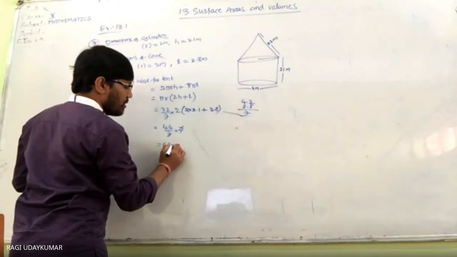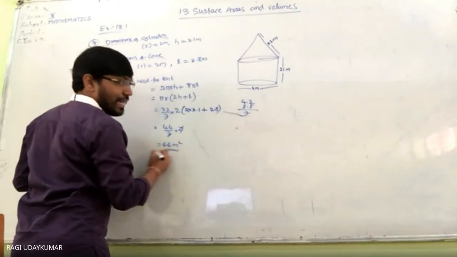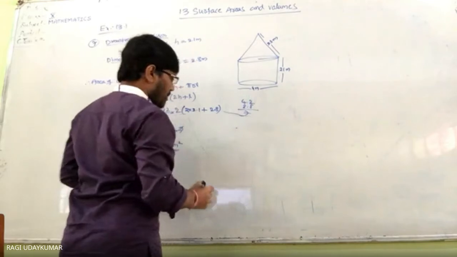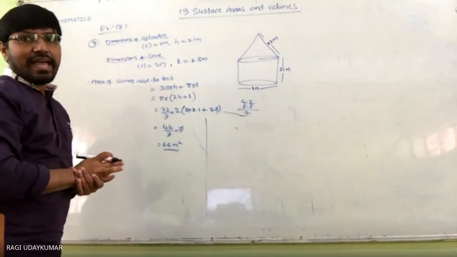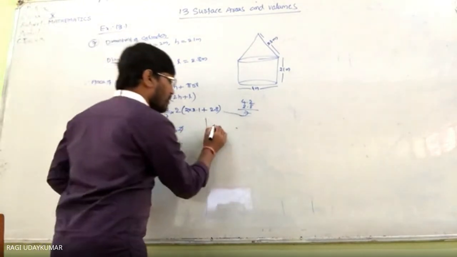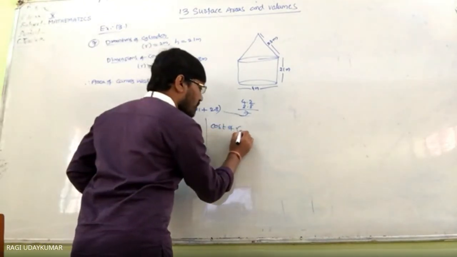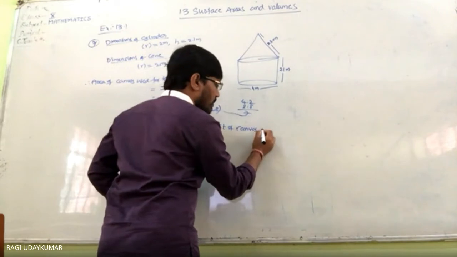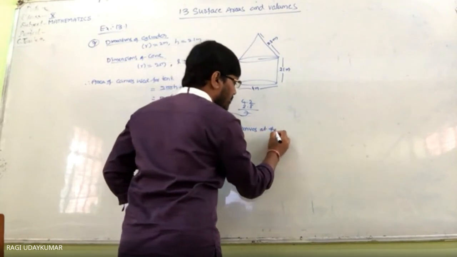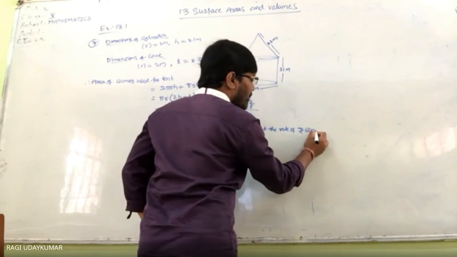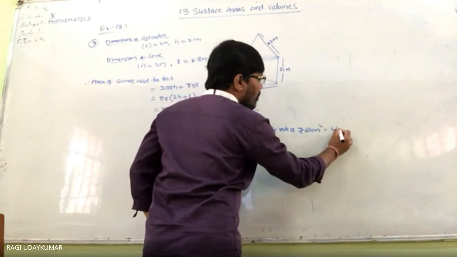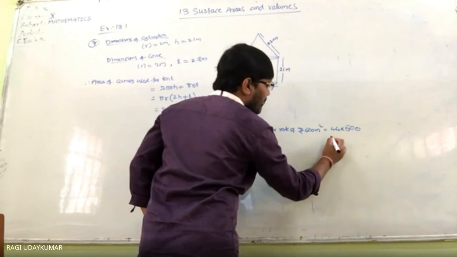So 44 meters square is the area. Here the question is asking you to find out the cost of the canvas at the rate of 500. So the cost of the canvas at the rate of rupees 500 per meter square is equal to 44 into 500.